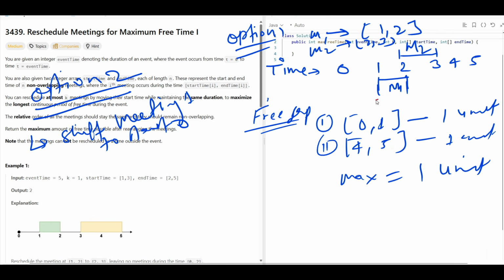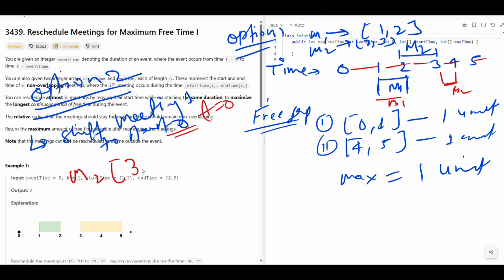If we mark these meetings, we shift M1 to start at 0, and M2 remains unchanged, at 3 to 4.